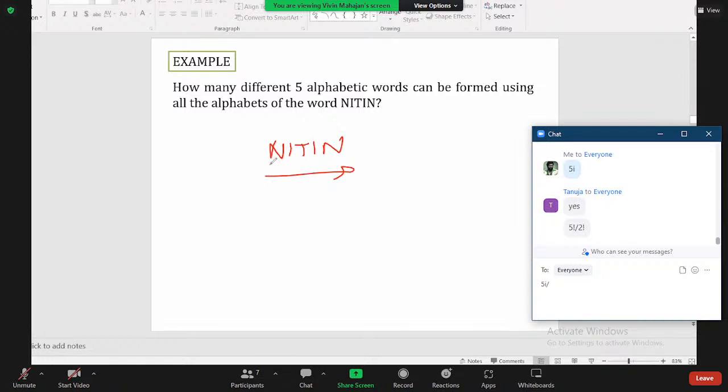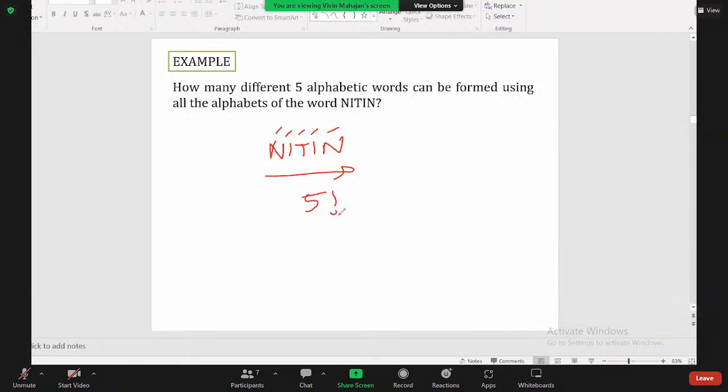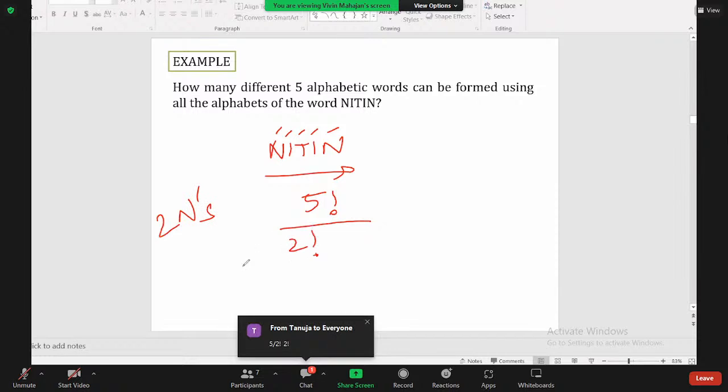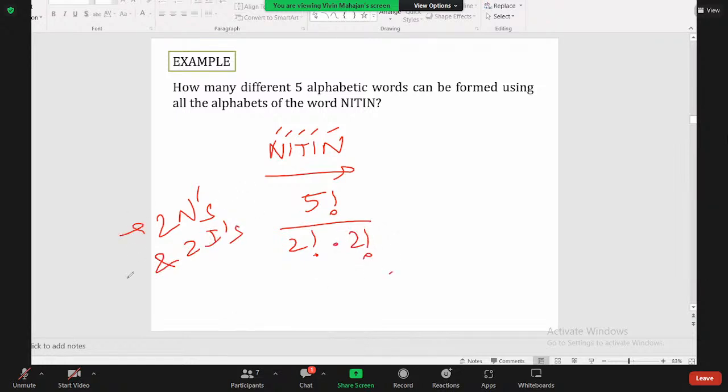Out here, n different things can be arranged on a straight line in n factorial ways. So 5 different things, 1, 2, 3, 4, 5, can be arranged on a straight line in 5 factorial ways. But out here, 2 n's are repeating. So we'll be dividing our answer with 2 factorial. And simultaneously, 2 i's are also repeating. So we will be dividing with 2 more factorial for the repetition of 2 n's as well as 2 i's. And that will become the correct answer to the question.